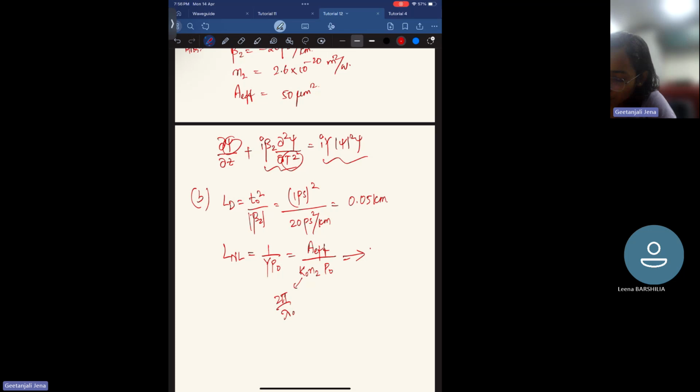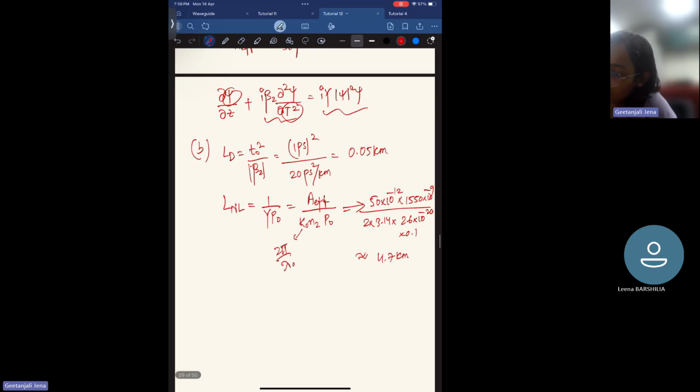So just put in the values, 10 to the minus 12, 1550 nanometer, 2 pi, 2.6 times 10 to the minus 20, P0. So this will come around 4.7 kilometers.